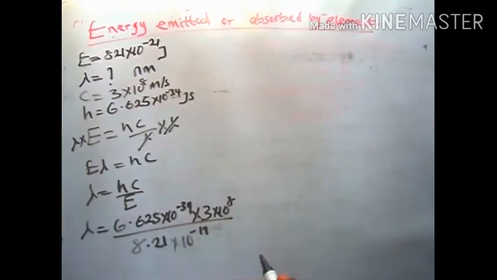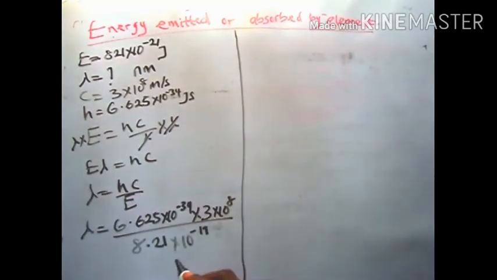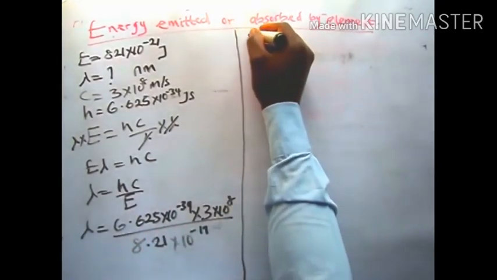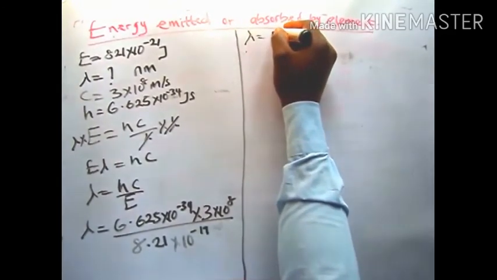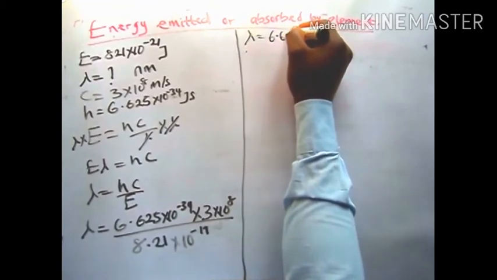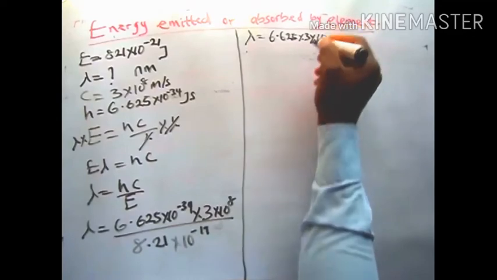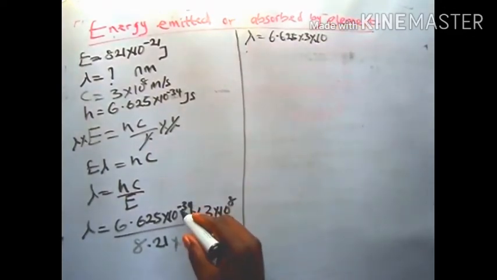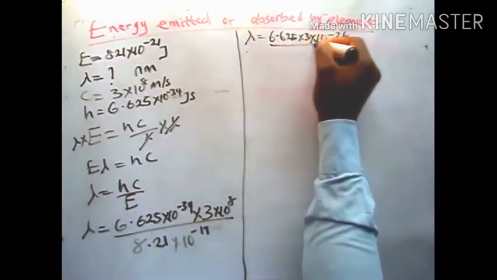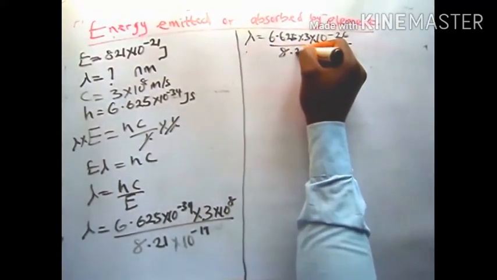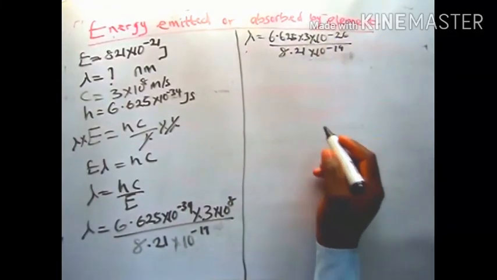So from here we have the lambda equals 6.625 times 3 times 10. This is minus 34 plus 8, which is minus 26, right? Now divide by 8.21 times 10 raised to power minus 19, right?